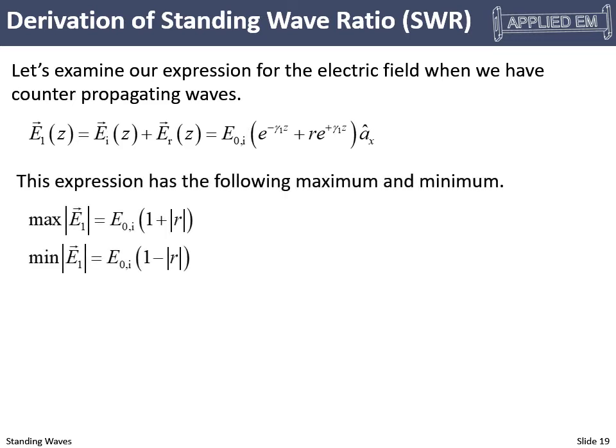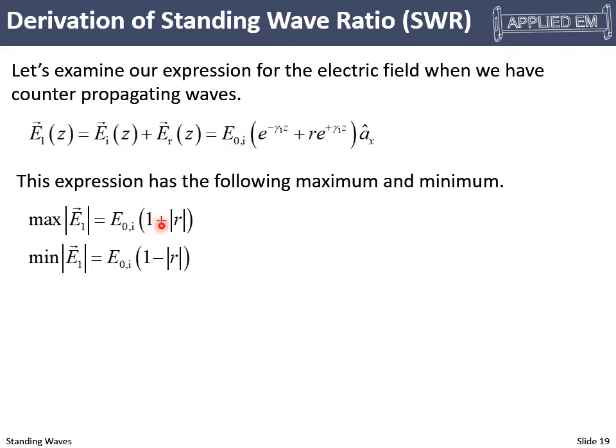Now we have to think, based on this equation, what is the maximum value we can get for E1 and what's the minimum value? Well, these complex exponentials are essentially trig functions. They're confined between -1 and 1. They can't be larger than that. So the biggest number that we can get in here is when this complex exponential is 1 and this is 1, and we just look at the magnitude of r.